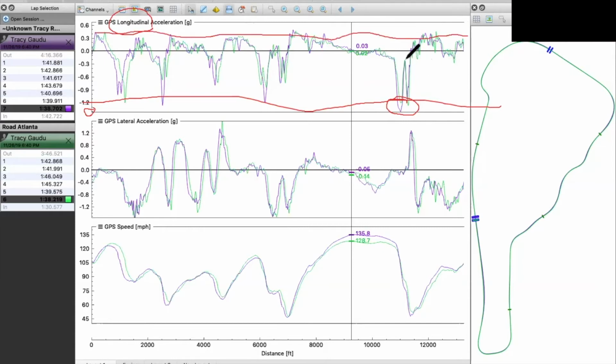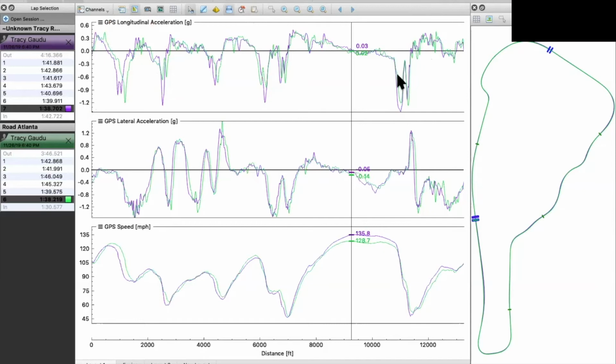And what this says is that the ability to brake the car is much more powerful in G's than the car's ability to accelerate. Now this is a pretty big car. This is a Z06 Corvette with some aero and a big motor. It's a lightweight race car, and it's also got some big tires on it, and that will explain why there are some big acceleration values right here. And we'll get into that in a second.